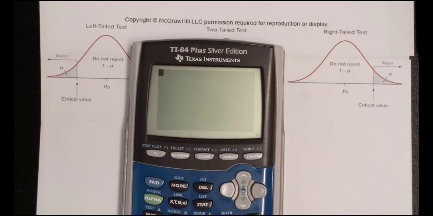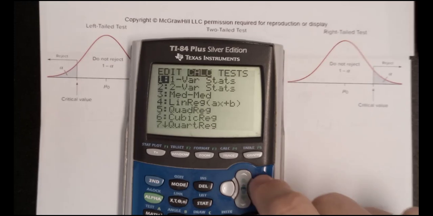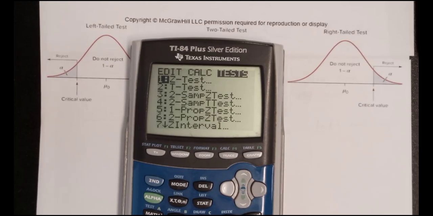If I go to the stat button again, where we did our lists to do the descriptive statistics, there's a column heading over there all the way on the right. It says test.